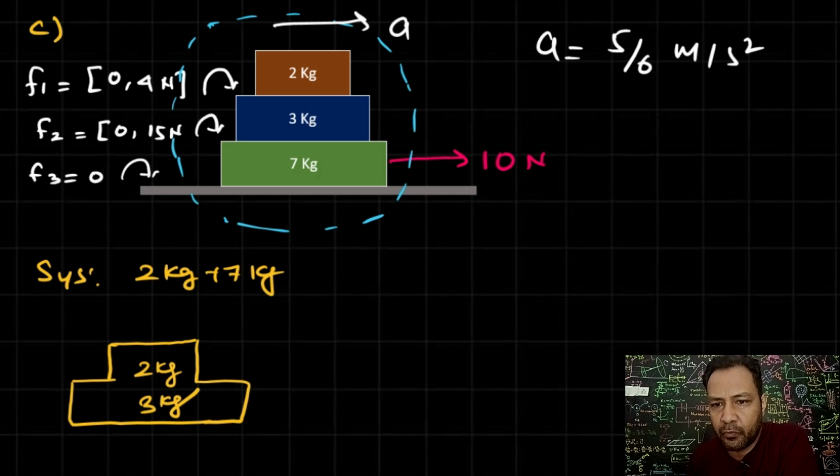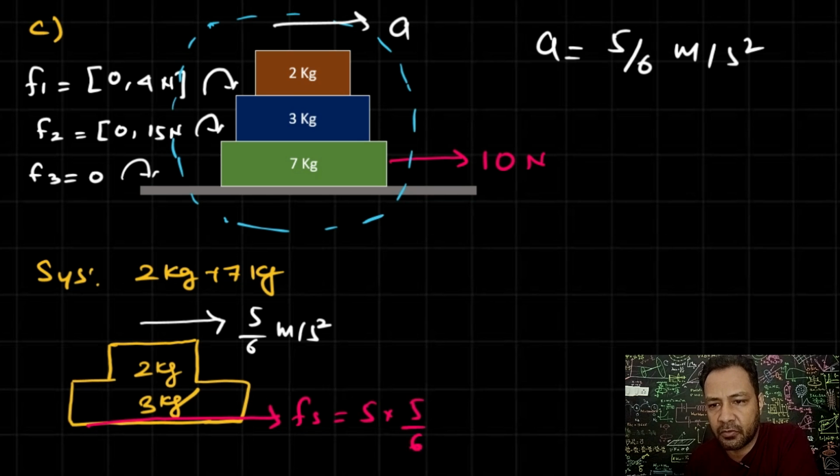As the whole system is moving with the acceleration 5 by 6, this part should also move with the same acceleration. The force that can provide this acceleration is the friction between 3 kg and 7 kg. So the required friction Fs, with total mass 5 and acceleration 5 by 6, is 25 by 6, which is around 4, and available is 15. So it is clear that there is no slipping between 3 kg and 7 kg. The required friction is less than available.